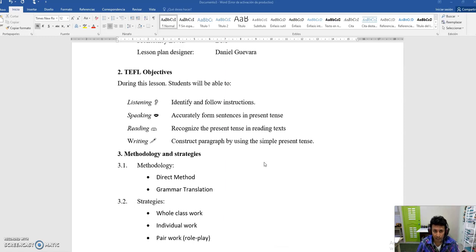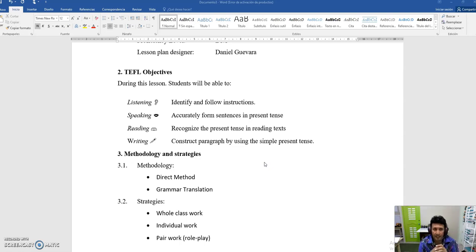We are talking about the listening objectives. Now for the speaking objectives, students will be able to accurately form sentences in present tense. For the reading skills, they will be able to recognize the present tense in reading text.